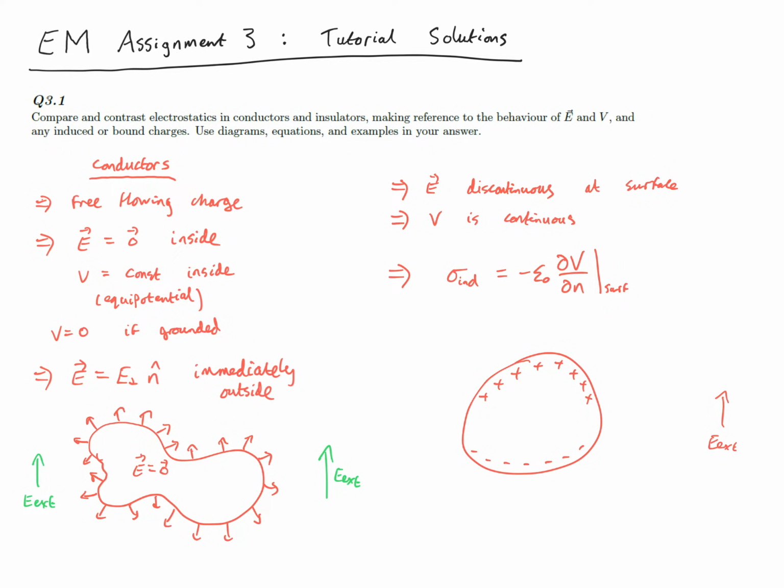Because the electric field lines go from positive to negative. So this would be the induced electric field going in the opposite direction, and the magnitude of that is exactly to cancel the external field. But you see implicitly here what I've drawn is these pluses and minuses here. This is precisely the induced charge here. And we can calculate that through the derivative of the potential.